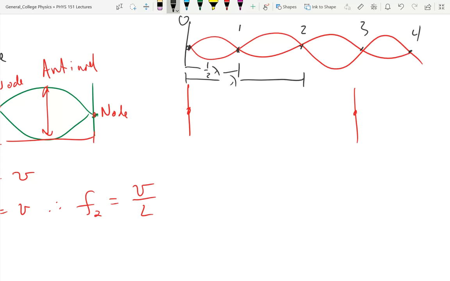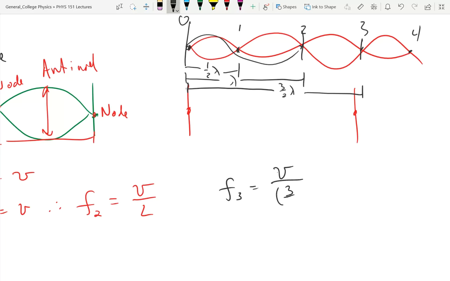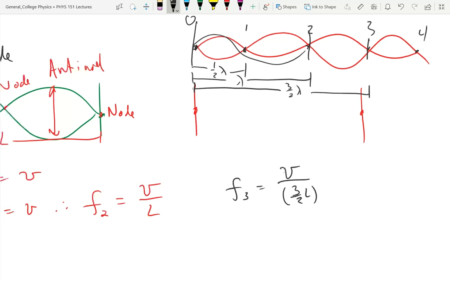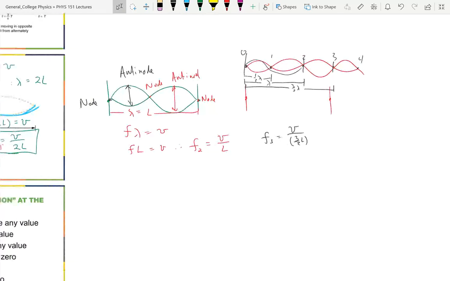0 to 3, and how many wavelengths will that be? That's right, it's going to be 3/2 wavelengths. This here is a 1/2 wavelength, this here was a whole wavelength, 3/2. And so for the same thing then, f sub 3 will be v over parenthesis 3/2 L. Now I'm going to combine these.